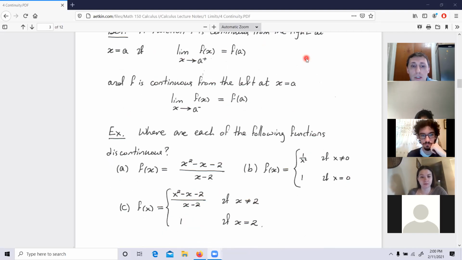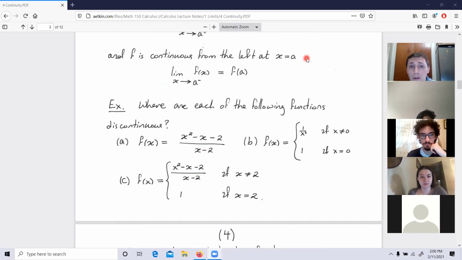Okay. So let's consider those questions, guys. We asked the question, where are each of the following functions discontinuous? Let's begin with problem a. Where is a discontinuous?